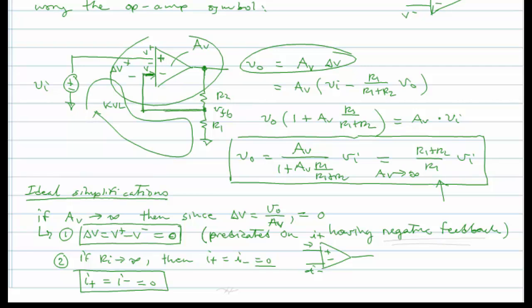If you had it the other way around, an output voltage that went too high produced an input delta V that actually increased, that's positive feedback, and you would never get to this point of regulation where delta V, or V plus minus V minus, is equal to 0. Okay, so I can't emphasize enough that negative feedback has to be present in order for these rules to apply. So now we'll apply these on another op amp circuit.